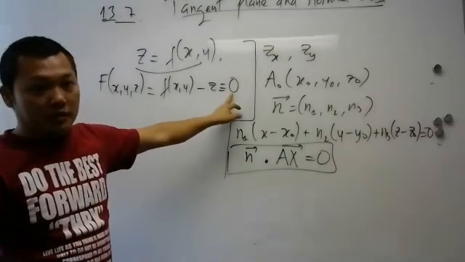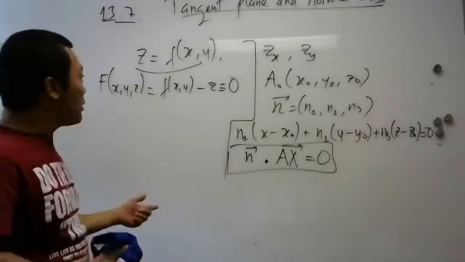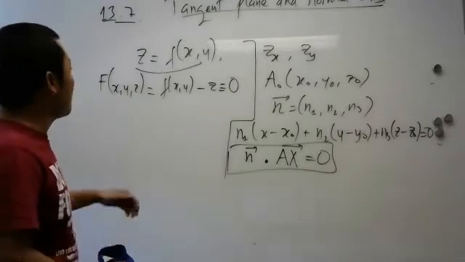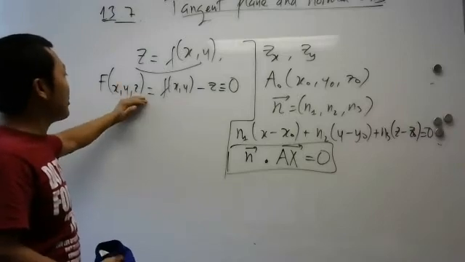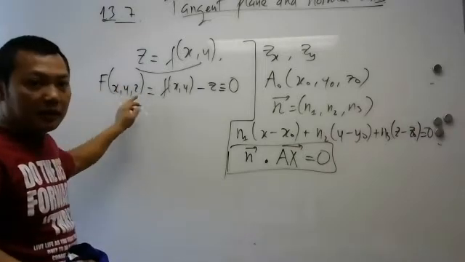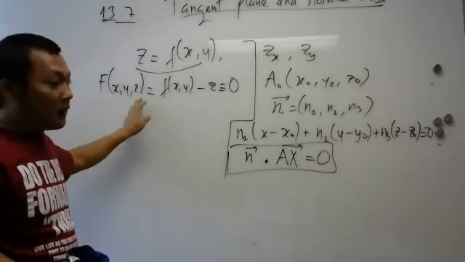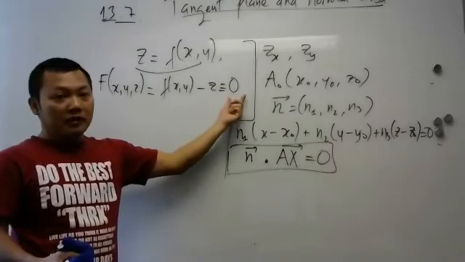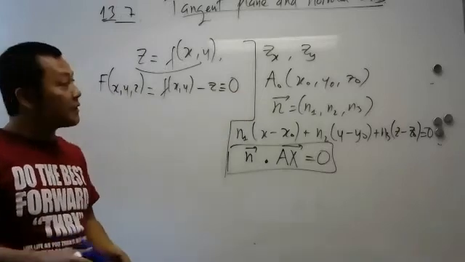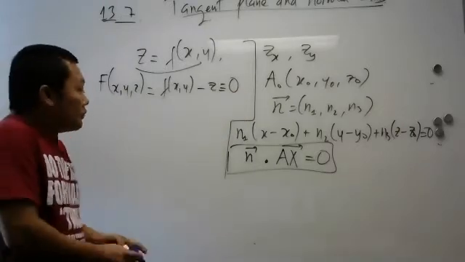So our problem becomes to describe the normal vector to this level surface for 0.